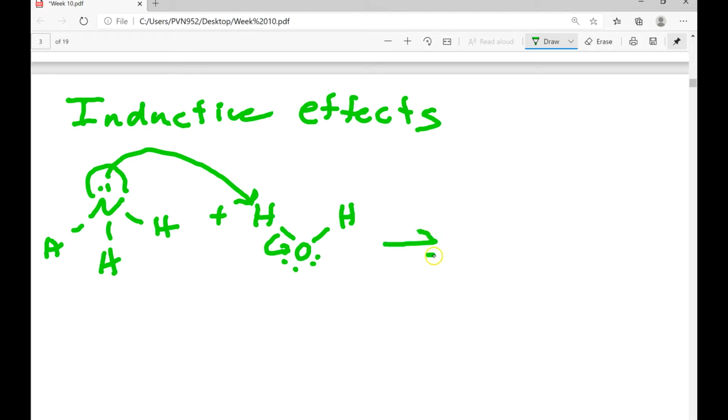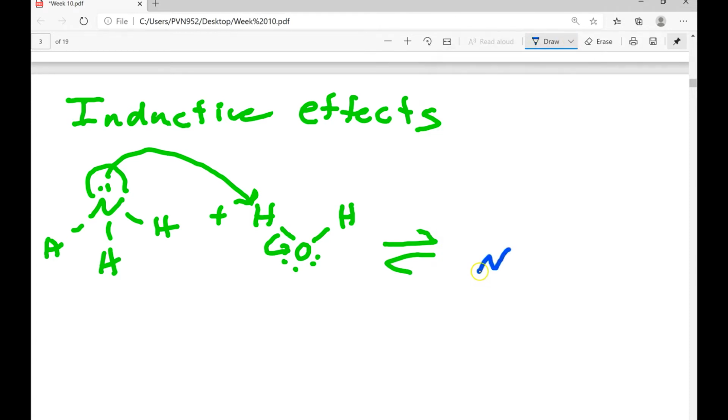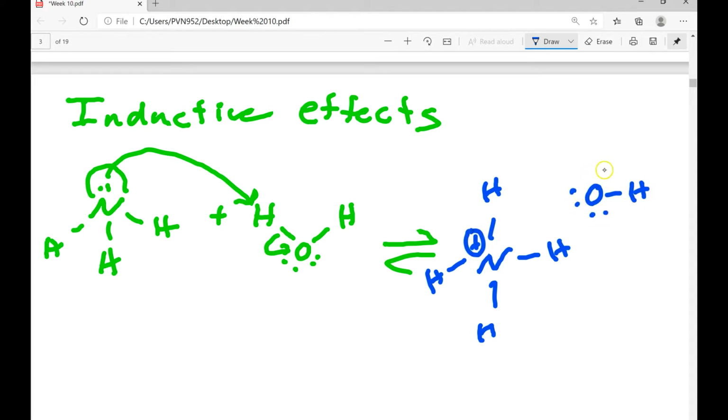So this reaction goes as follows. So the more available the lone pair is, the more basic that nitrogen is.